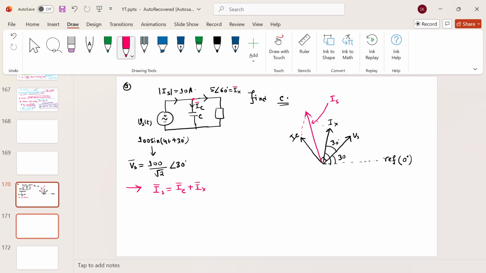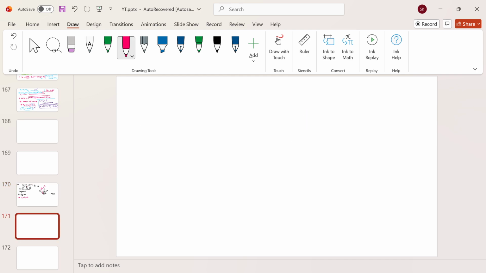I can take one example. Maybe I can derive the formula to find the magnitude of the sum of two phasor quantities. Let's say this is your reference axis, and one phasor is located here, V1, at an angle of theta 1, and another phasor is V2, and this angle is theta 2.